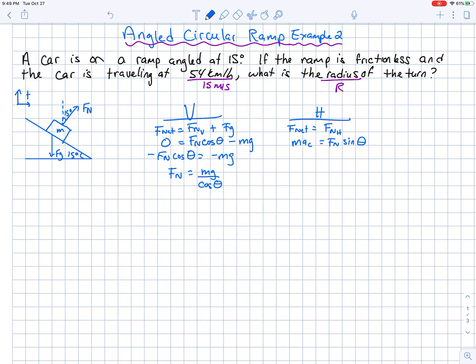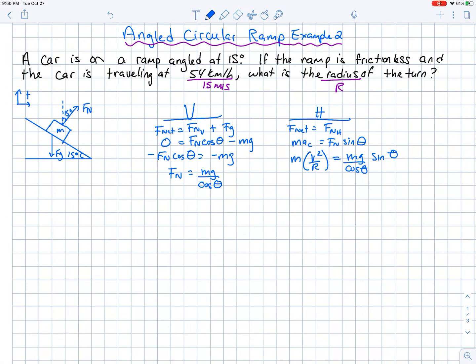At the same time, let's choose our acceleration equation. So we know we're looking for centripetal acceleration that includes the velocity that's been given and the radius that we want to calculate. And so that's going to be the mass times v squared over r, because we want the formula with both velocity and radius.